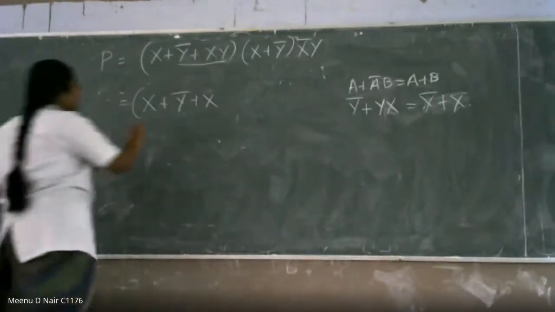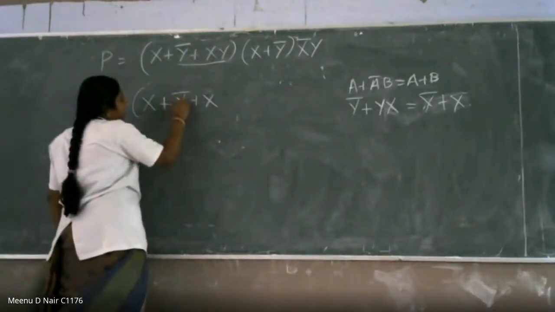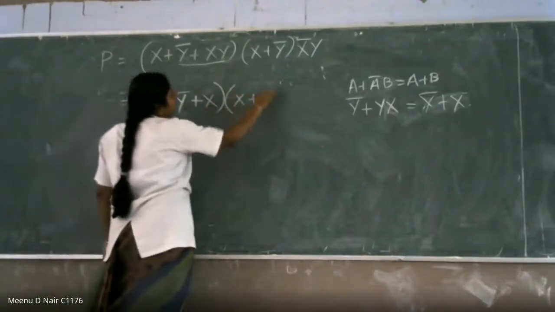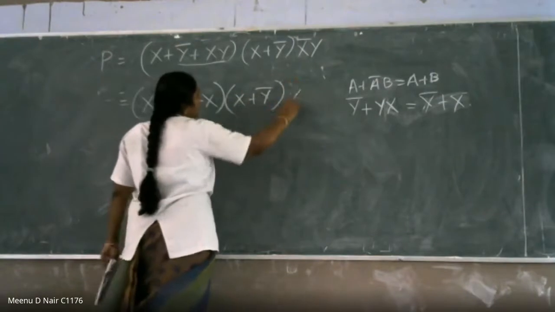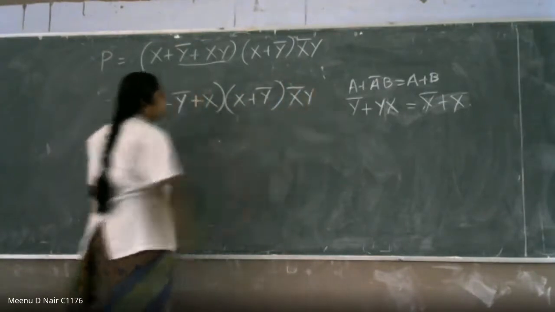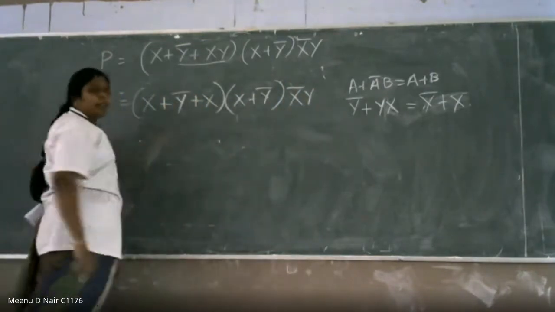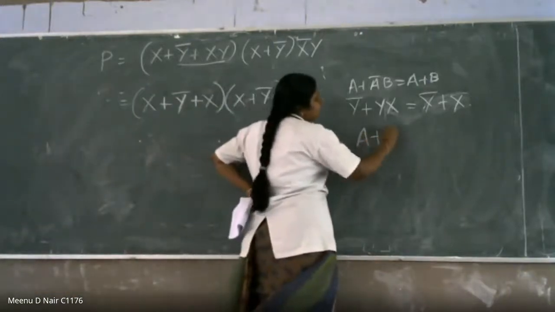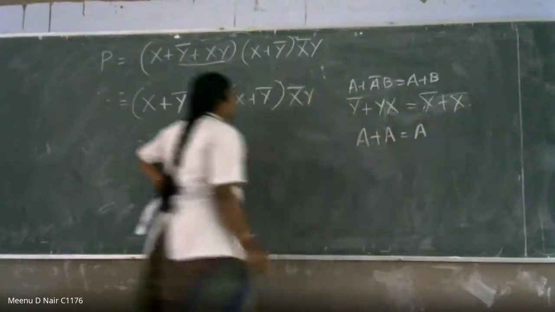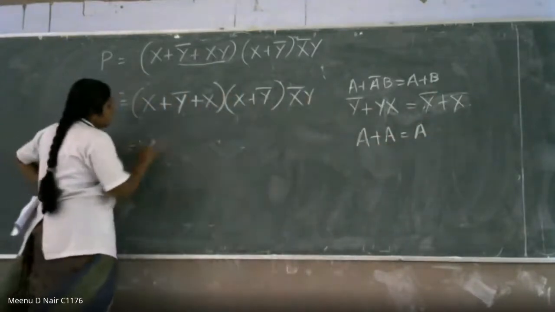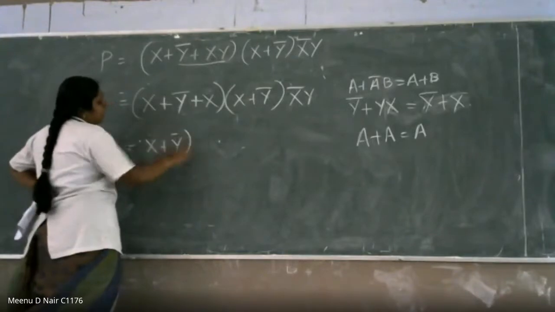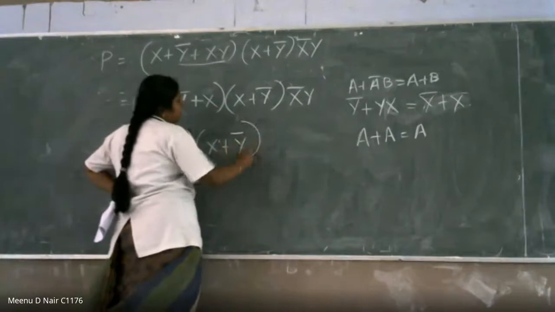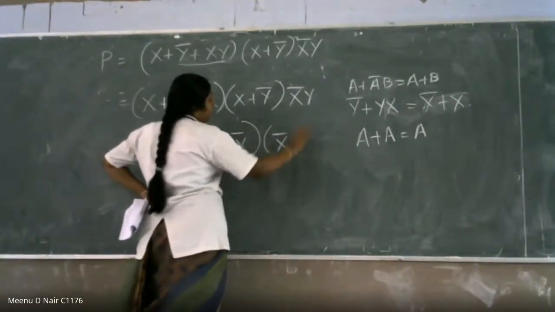So you are writing x plus y bar plus x into x plus y bar into x bar y. So x plus x is nothing but x itself; the identity is a plus a is equal to a. So this is x plus y bar into x plus y bar into x bar y.